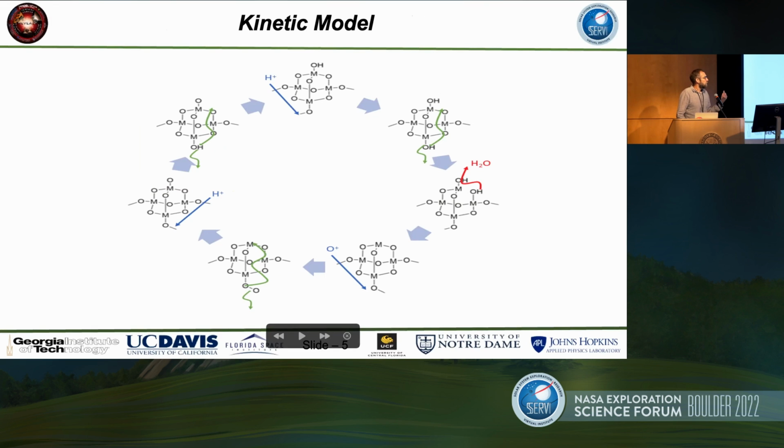During an impact event the temperature is quite high, so this reaction rate is also quite high. In addition, you also have oxygen from the solar wind, which can help replenish some of the oxygen removed during the water formation process. That can again diffuse in the bulk and to the surface, and the process repeats itself. It's not necessarily a cyclical process; it is happening simultaneously.